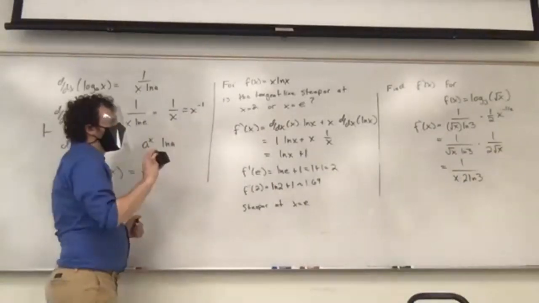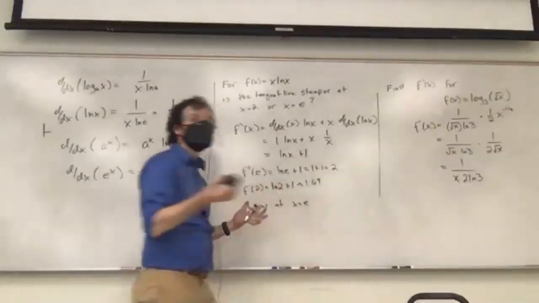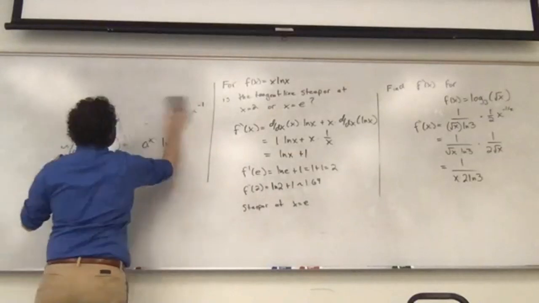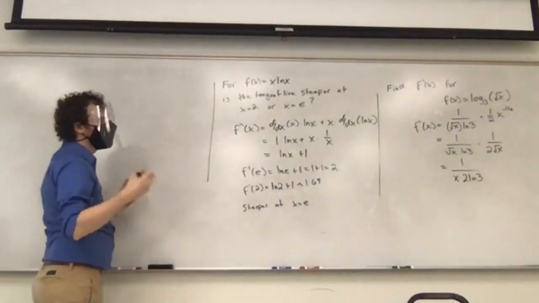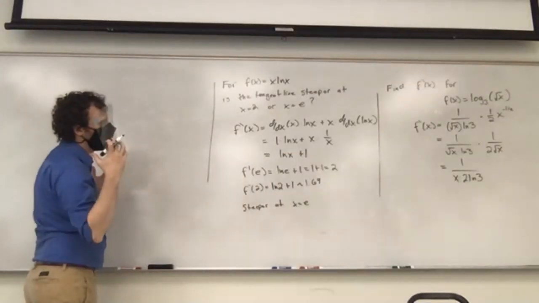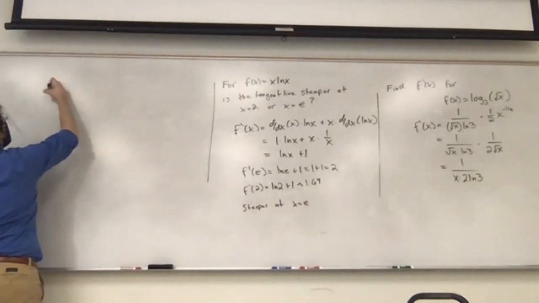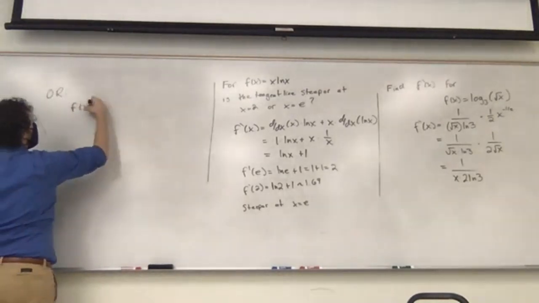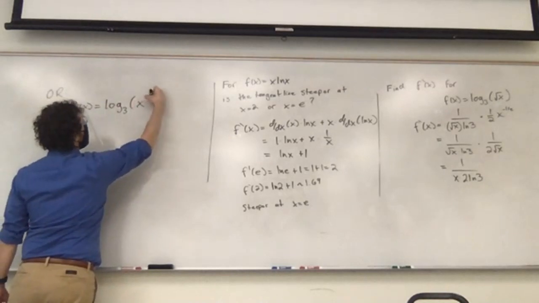There's another path to this derivative, which is much easier from a calculus point of view. If we remember the right pre-calculus step: f of x is log base 3 of x to the 1/2.